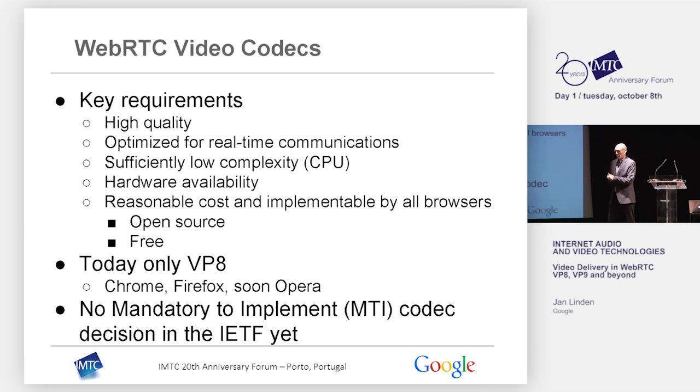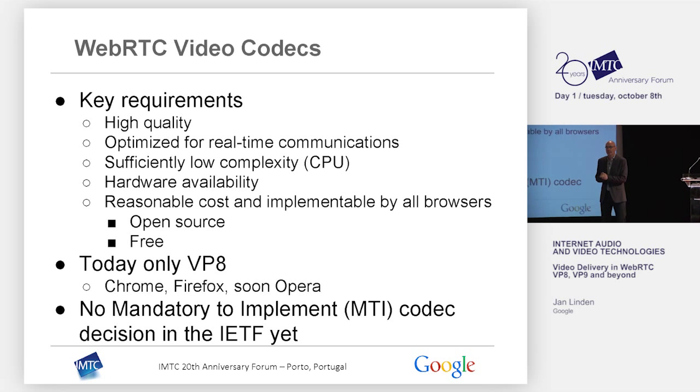So, what about codecs in WebRTC? Video codecs. I won't talk about audio here. I will only talk about the video part. Obviously, there are some key requirements that make total sense, like that it should be high quality, should be really optimized for real-time communication, which means low latency, adaptive to very quickly changing network conditions, robust against the mobile networks, etc. Obviously, we have to consider mobile all the time, so complexity has to be reasonable so it can work on low-power devices.